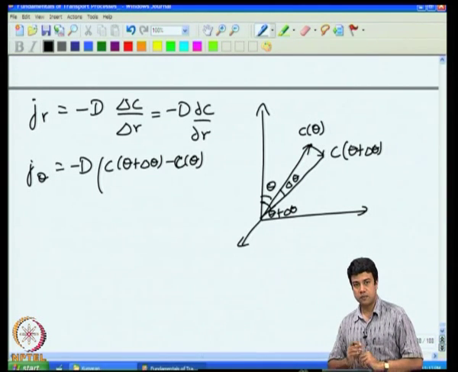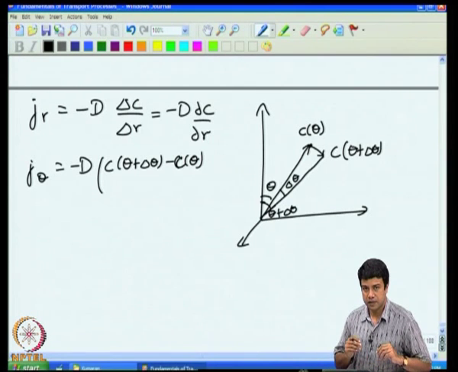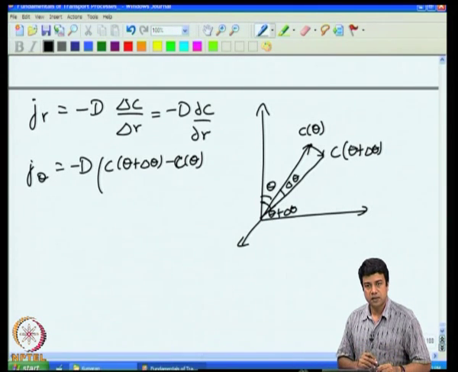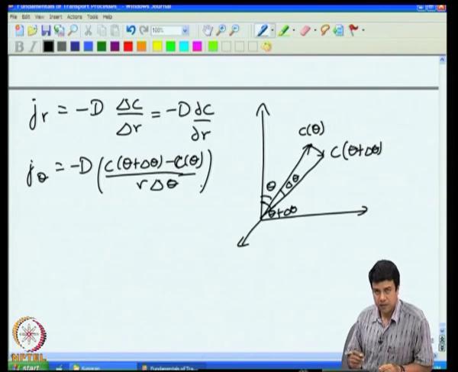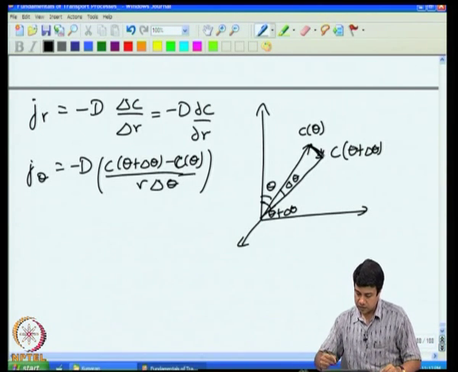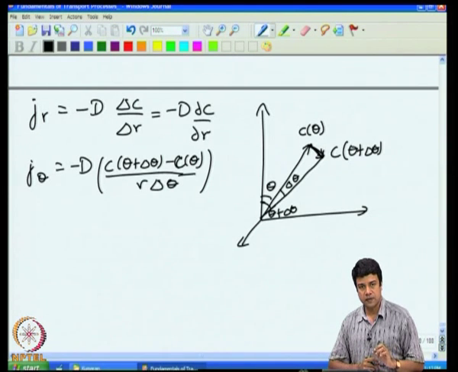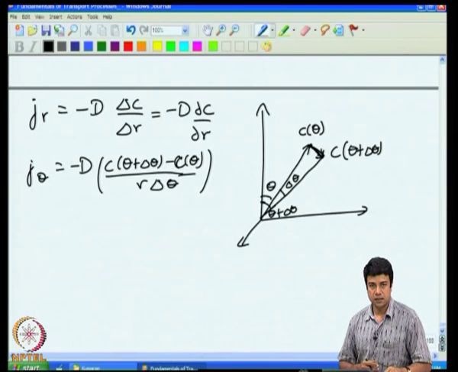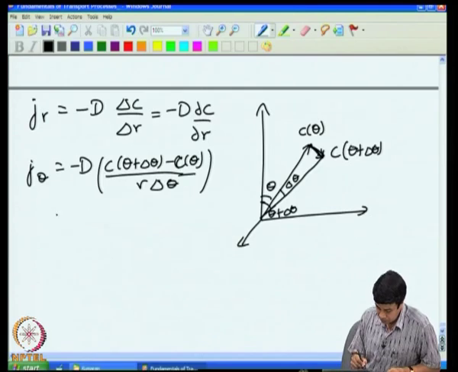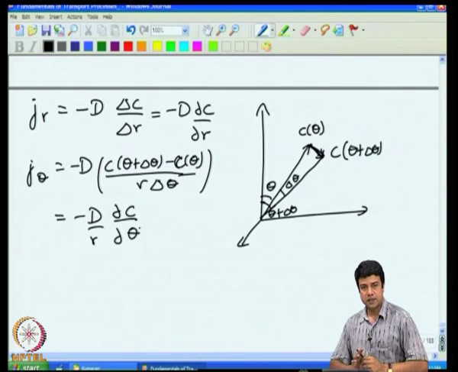The flux is equal to minus d times difference in concentration divided by distance. The distance that you travel in going from theta to theta plus delta theta is r times delta theta. Therefore, this is equal to minus d partial c by partial theta, minus d by r times partial c by partial theta.